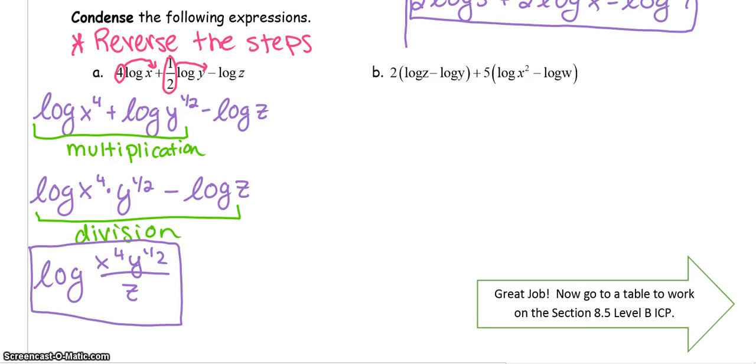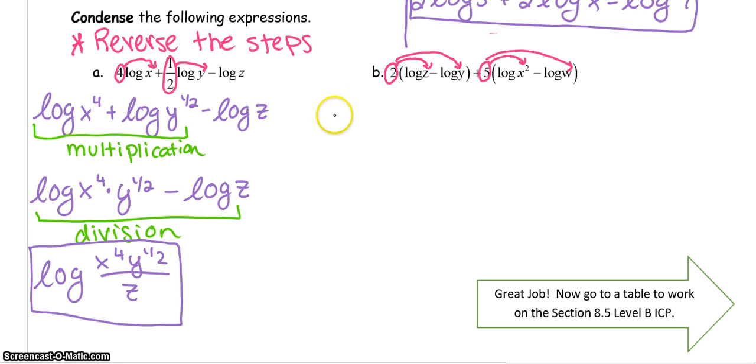Again, we want to start by looking for exponents. So here, this 2 is outside the parentheses. That means it needs to be distributed, so it's going to become an exponent here and an exponent over here. Same thing with the 5. It's outside the parentheses, so we're going to make it an exponent for both things in the parentheses.